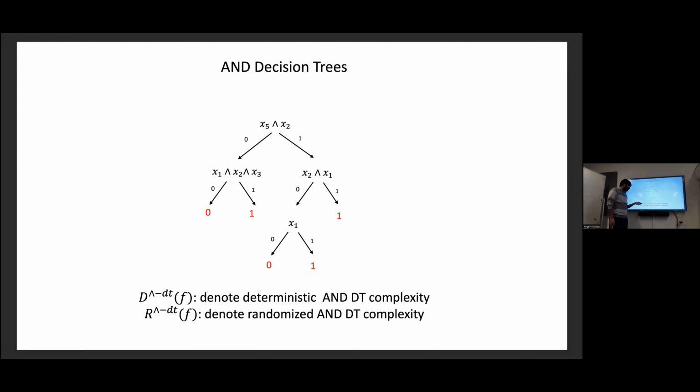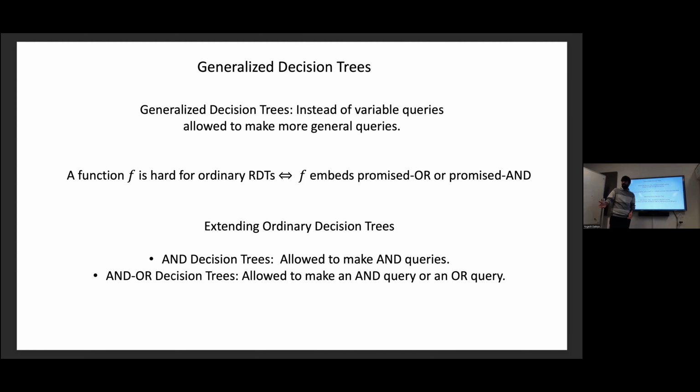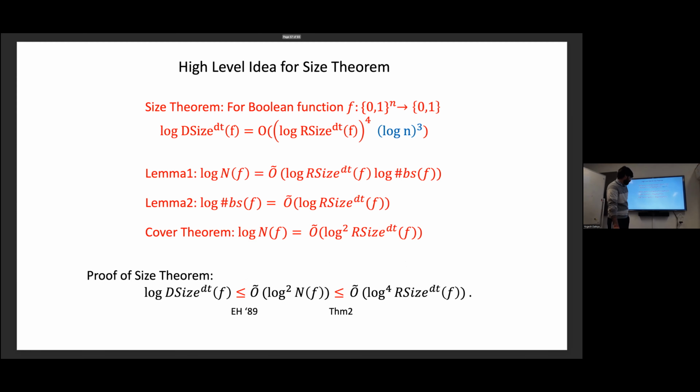Again you can ask, what role does randomness play in such decision trees? Another interesting case one can study in this generalized setting is the parity decision tree, for which we don't know much. For example, one interesting question is that this Aaronson-Ambainis type result is not known for parity decision tree.